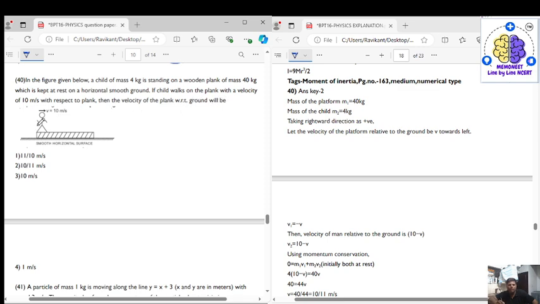Let the velocity of the plank with respect to the ground be v, in this direction, right? Then the velocity of the child with respect to the ground will be 10 minus v, right? Initially it is at rest and there is no external force acting on the system, so the momentum will remain conserved.